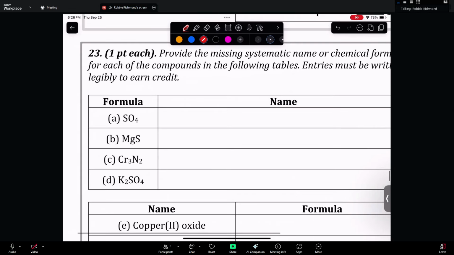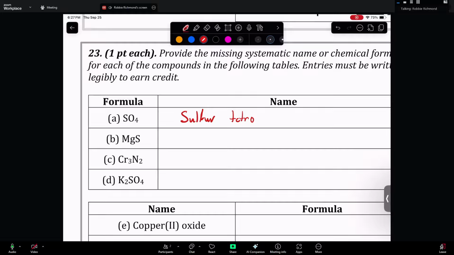So, for question A, although this does look like sulfate, this doesn't have a -2 charge, so it's a molecular compound. It would be simply sulfur tetraoxide. Or, sorry, not tetraoxide, tetroxide.